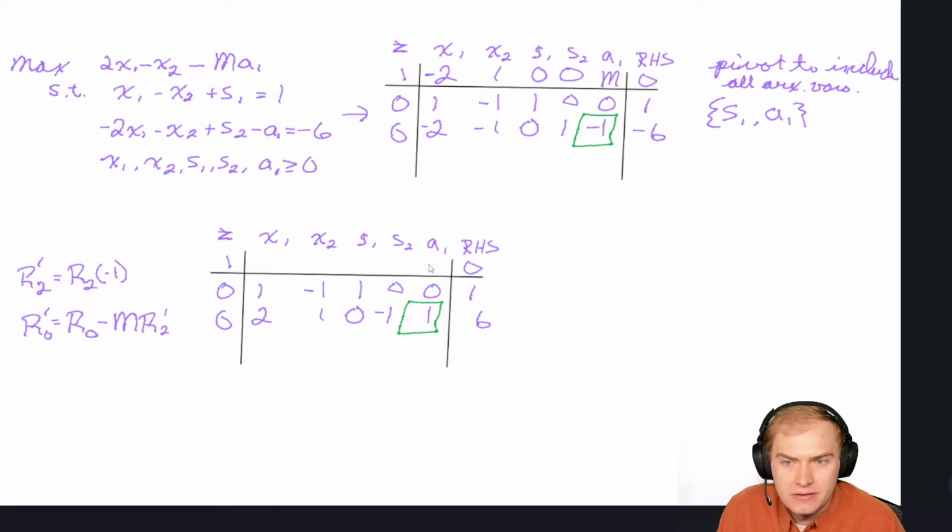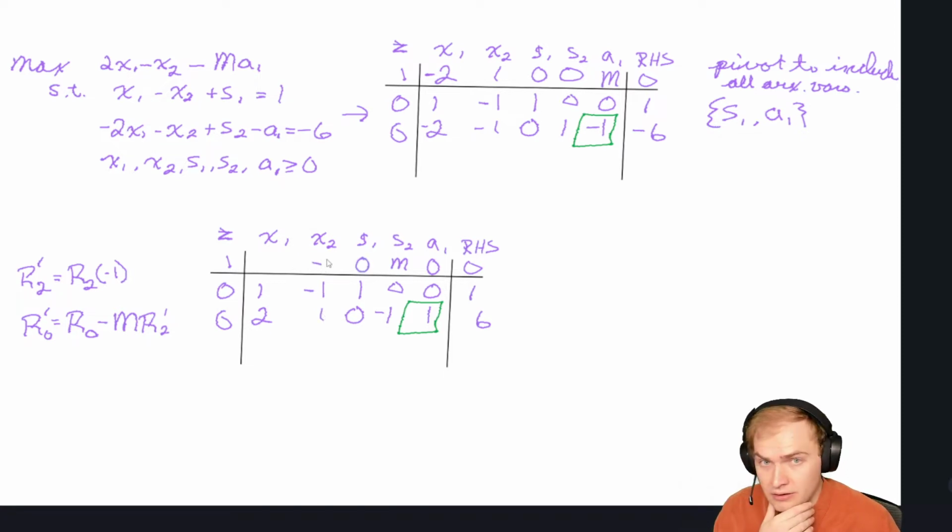So M minus M, 0. 0 minus negative M is positive M. 0, so that's unchanged. 1 minus negative M, or 1 minus positive M, rather, is 1 minus M. Negative 2 minus M is negative 2 minus M. So now we have this matrix, this tableau.